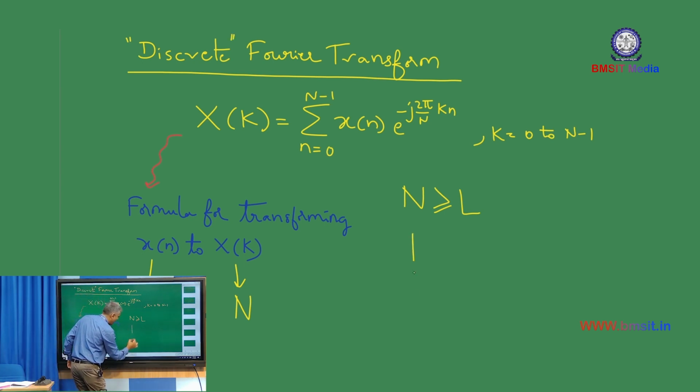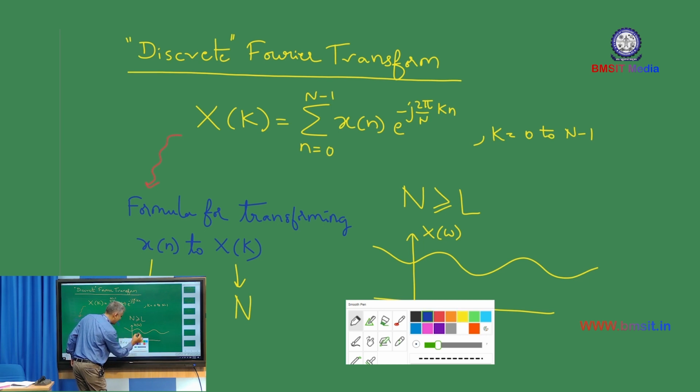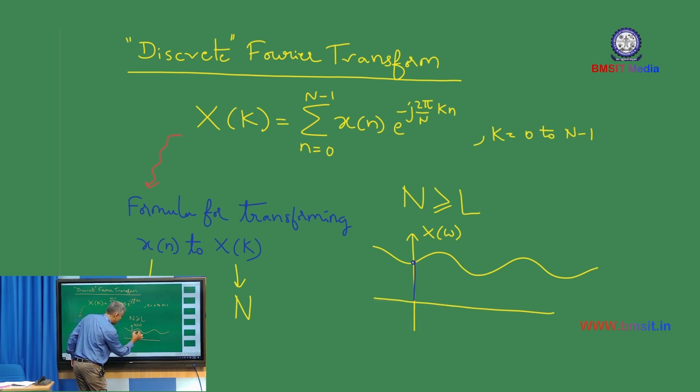If you recall from the previous discussion, X of omega looks like this, and it could be periodic like this. We would have taken discrete samples at various frequencies, and each of these frequencies are equidistant samples over a period of 2 pi.